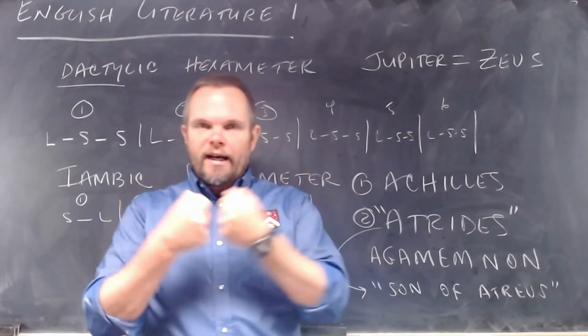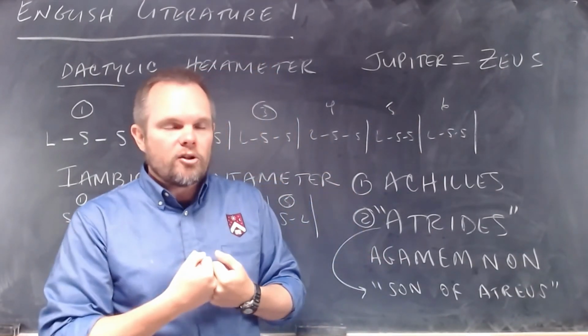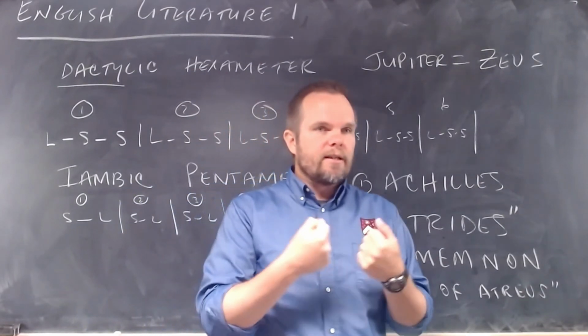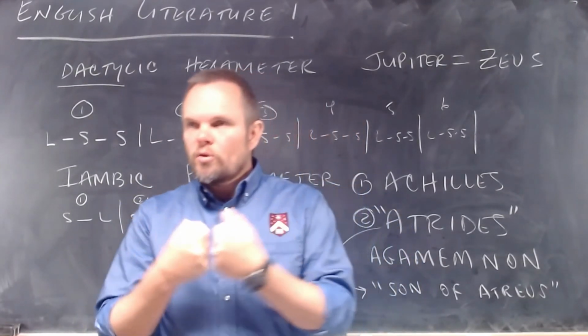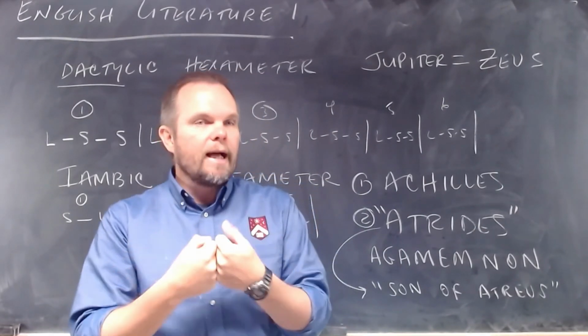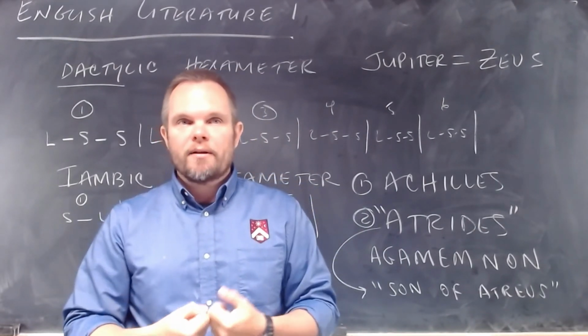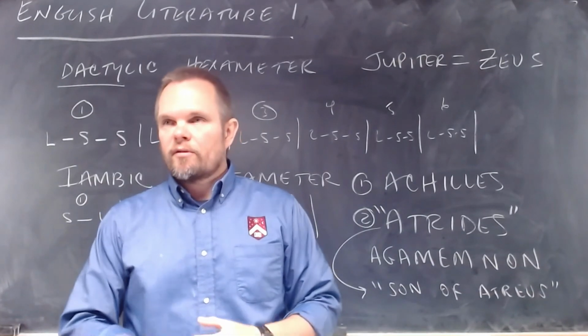So this fight that took place between Achilles and Agamemnon was something that Homer says Zeus allowed or caused to happen, and it created all of this evil for the Greeks.